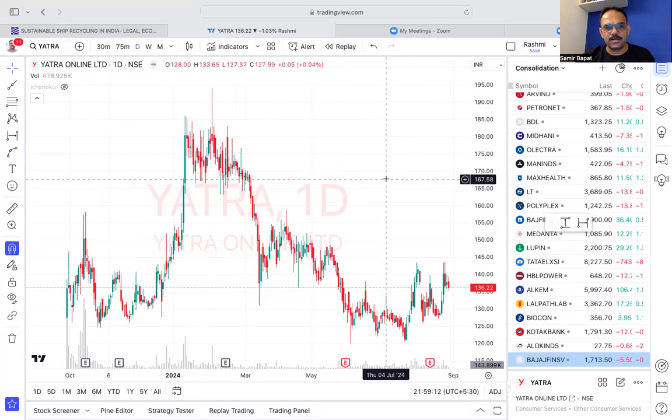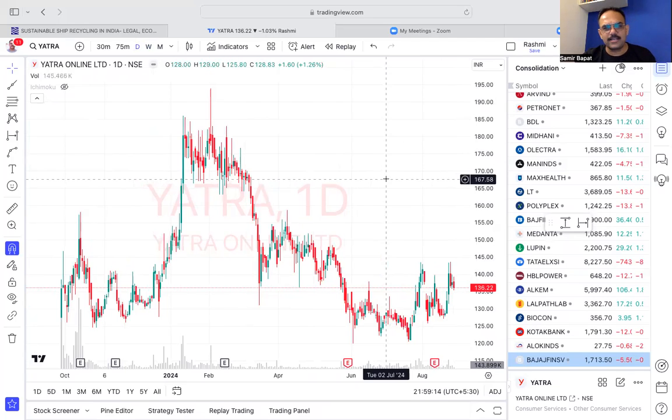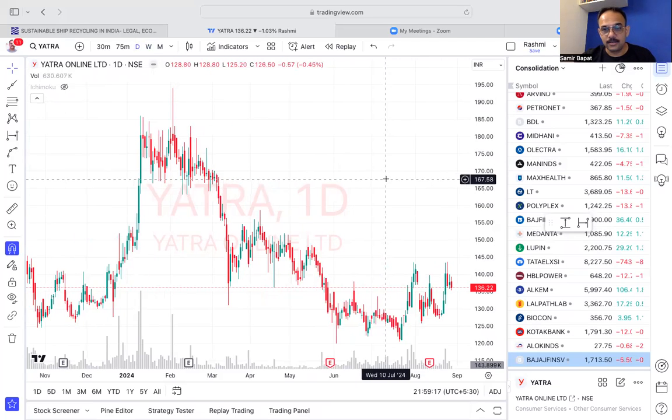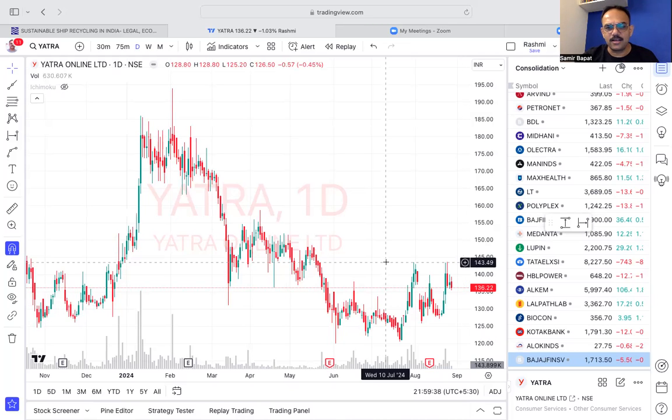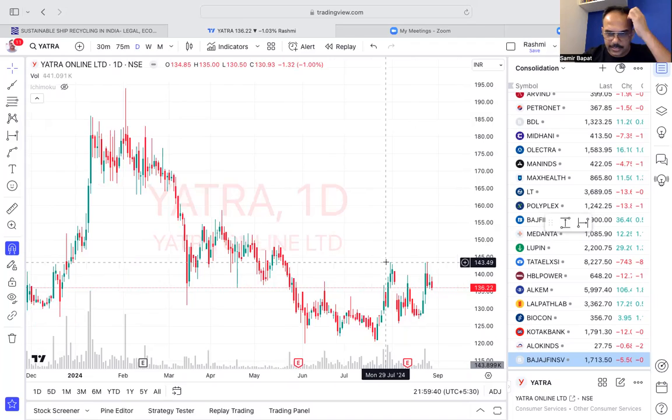This is not a triangle breakout, I'm not able to see any triangle here. So we'll let it go.